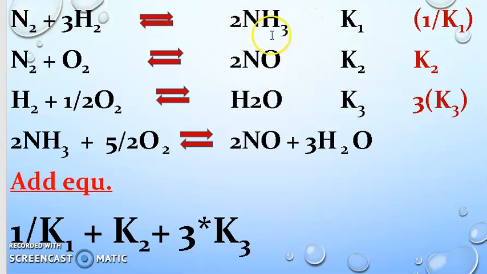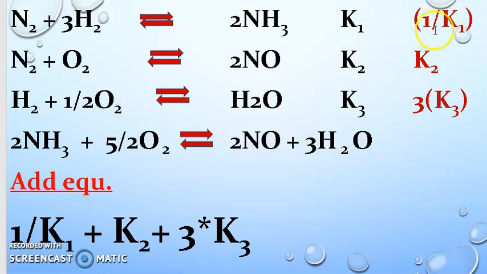In the first reaction you can find 2NH3, correct, but it is in the opposite position. It is not on the left side, it is on the right side. But here NH3 is on the left side. So it is not K1 here, we can write 1 by K1.